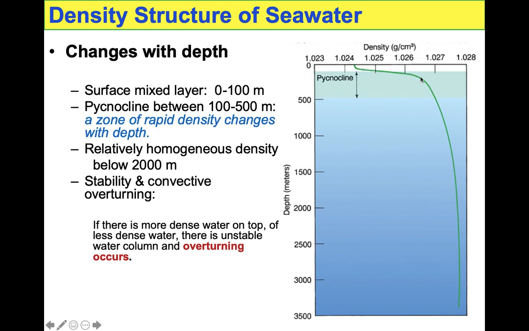And then there is this sharp bend, and then the density keeps increasing, but not as strongly as what we saw here. So this zone down to almost 500 meters, along which the density of seawater changes very significantly, is a zone of pycnocline, a very rapid density change within the pycnocline.